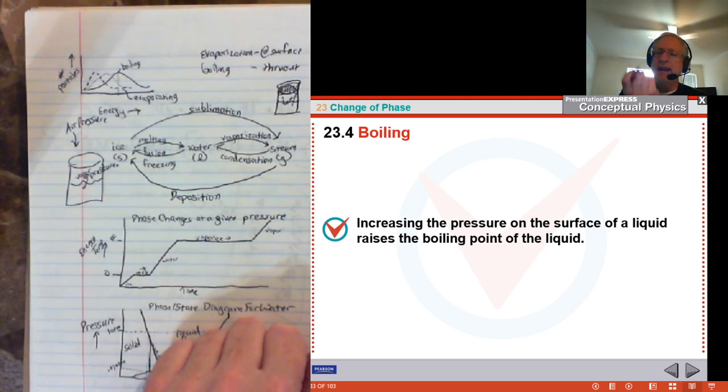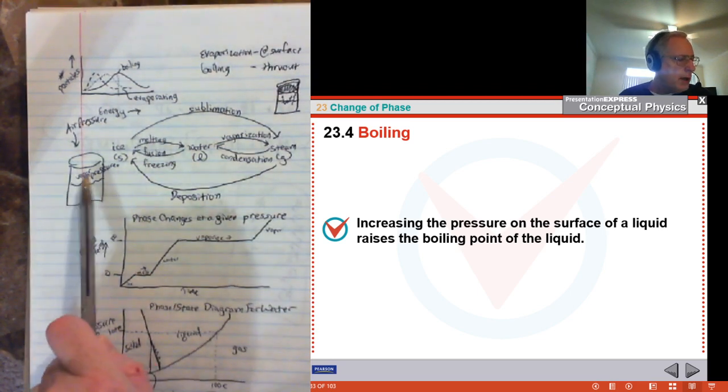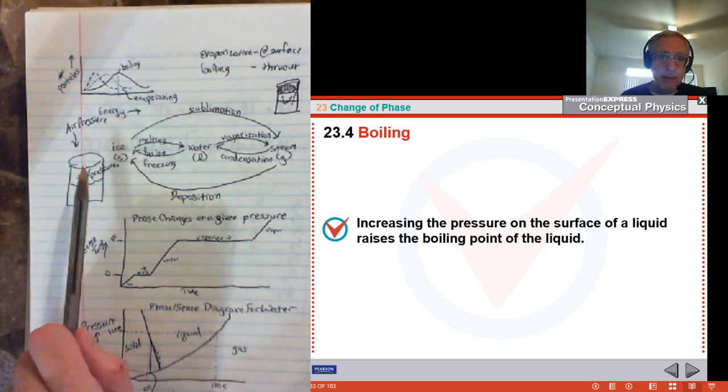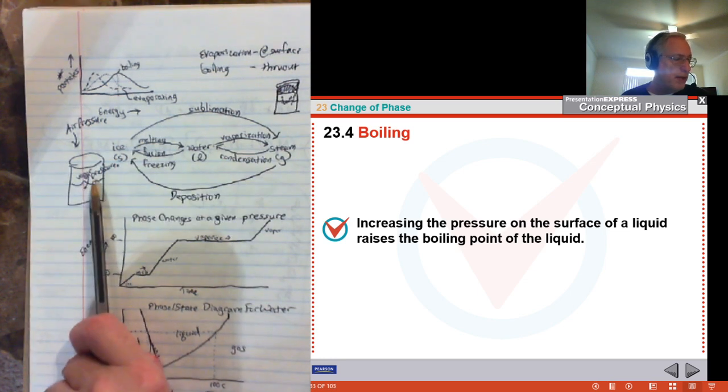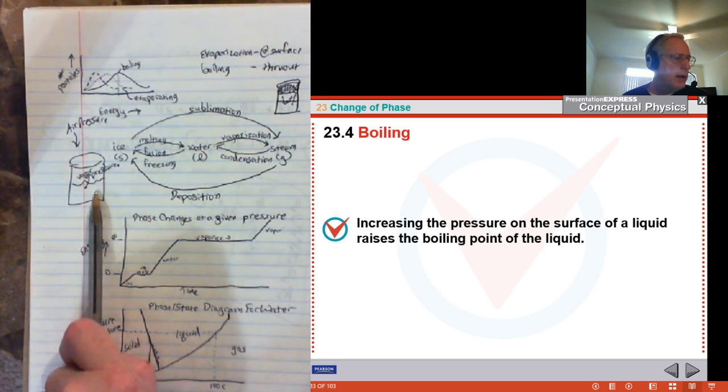However, if I take that same water and put it in a vacuum, I don't have to apply as much heat because the air pressure above it is so much lower. So basically, boiling happens when vapor pressure equals air pressure. That's when boiling happens. Okay?